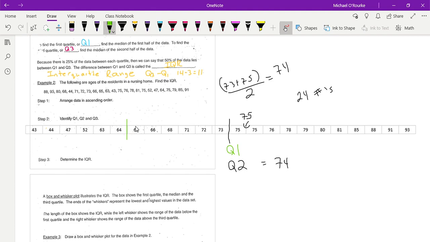And if we use big brain math, the middle number there is 64.5. The same thing on this side: 1, 2, 3, 4, 5, 6. And the middle there is going to be 79.5.